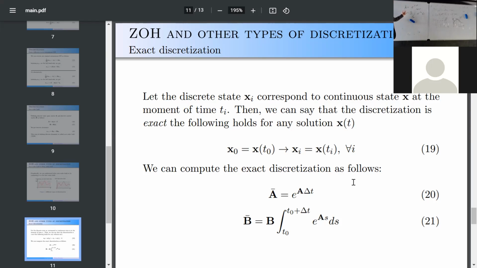So if you have your A and B matrices, you can compute A bar and B bar by taking the matrix exponential. Sounds crazy, right? But you can just call the function in Python. And B, you compute it as an integral over matrix exponential.